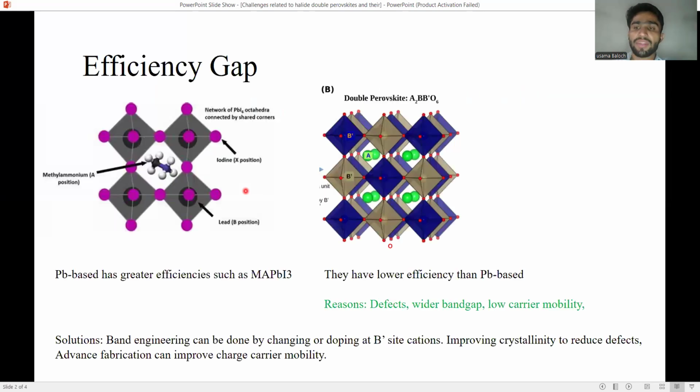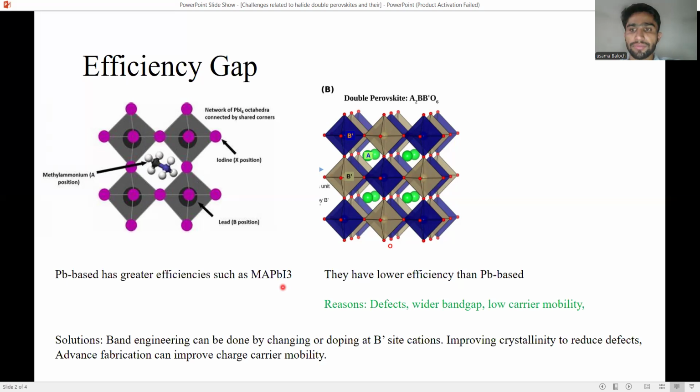So let's start. First of all, efficiency gap. The greatest efficiency shown in recent studies was shown by this material, but it has a few problems as it contains lead. What is the problem with lead?